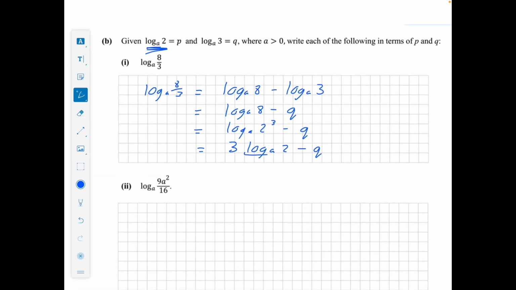So we're left with 3 log to base a of 2 minus q. Now here we have our log to base a of 2, so we are going to replace that with p, so we'll be left with 3p minus q. Okay, so that is log to base a of 8/3 written in terms of p and q.